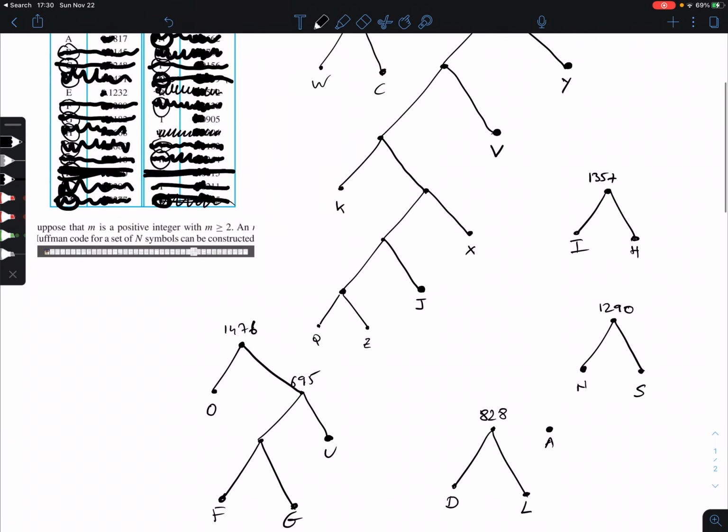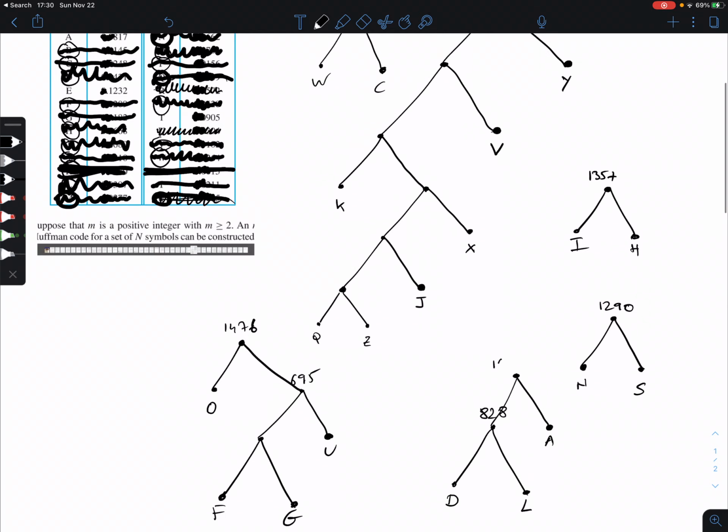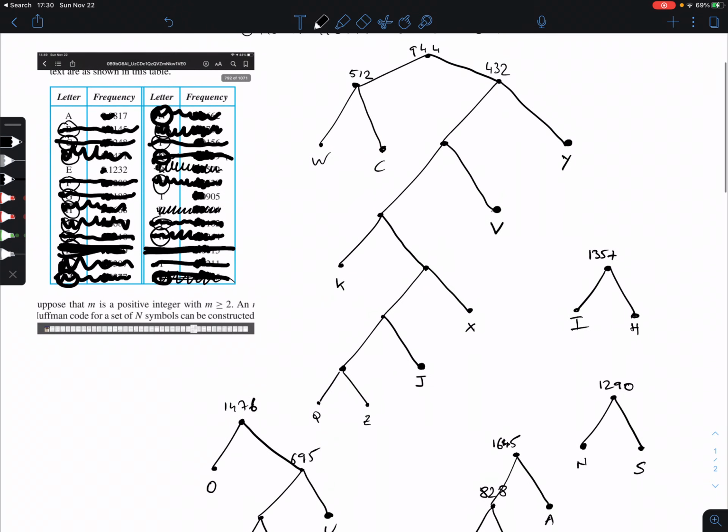So here will be A, and then we put them together. Yeah, this is going to be bad. I'm not going to be able to move these guys. Okay, we'll figure it out. 828 plus 817, that is 1645. Okay, so this takes care of A.